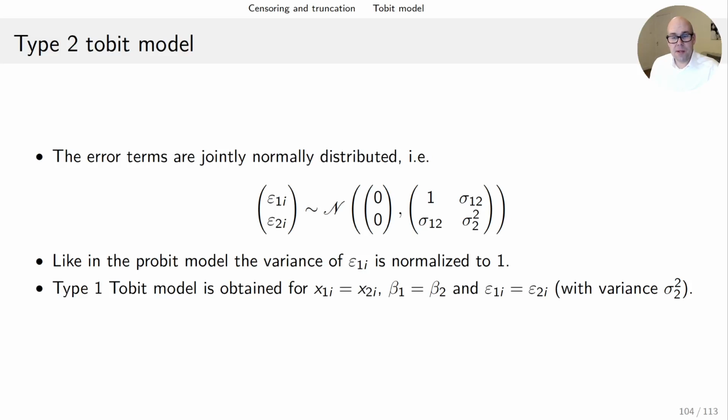That covariance will capture a dependence between the epsilon in the hours equation and the epsilon in the participation equation. And in the type 1 Tobit model, that correlation was 1 because we only had one epsilon that entered both parts of the model. So in that sense here, we have a more general structure where we have more or less dependence.